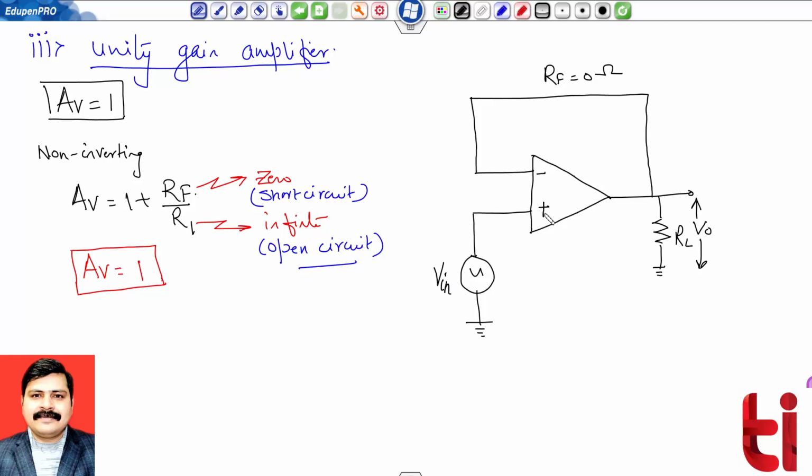And there is the external supply plus Vcc and minus VEE. So this is my unity gain amplifier, and you can see that we have given the input signal to the non-inverting terminal. The inverting terminal is feedback and connected to the output.